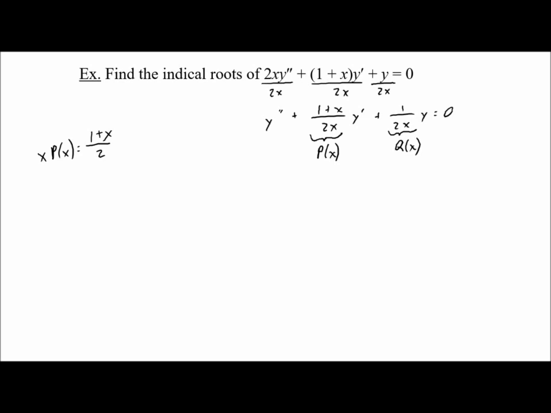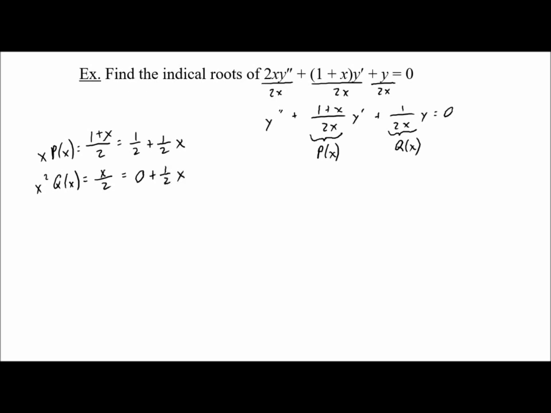Because the x on the bottom cancels, which is the same as 1/2 plus 1/2 x. And then x squared times q of x would be x over 2, right? Because take 1 over 2x, multiply by x squared. And I could split that up, but this becomes 0 plus 1/2 x.